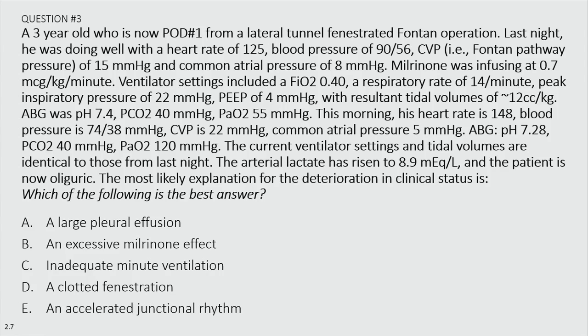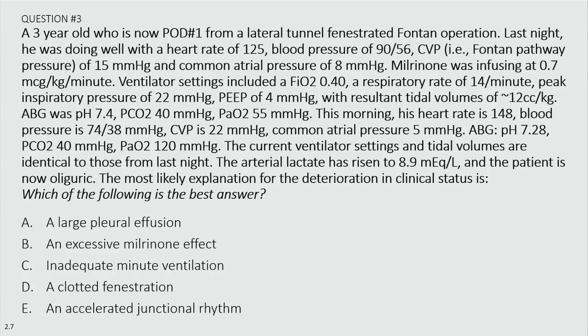His heart rate's 148, blood pressure is 74/38, CVP 22, common atrial pressure 5, your blood gas is pH of 7.28, PCO2 of 40, PO2 of 120. Current ventilator settings and tidal volumes are identical to the night prior. The arterial lactate has risen to 8, and the patient is now oliguric.